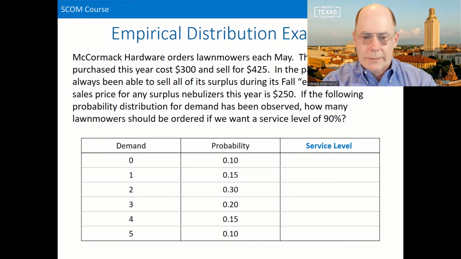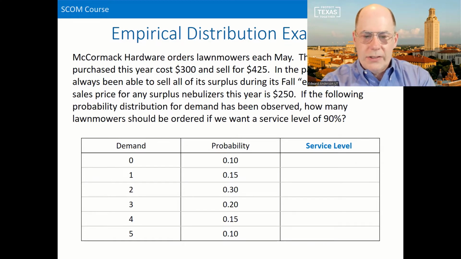McCormick Hardware orders lawnmowers each May, and they only order once. They can't reorder. The lawnmowers being purchased this year cost $300 and sell for $425. In the past, McCormick has always been able to sell all of its surplus during its fall end-of-year sale.